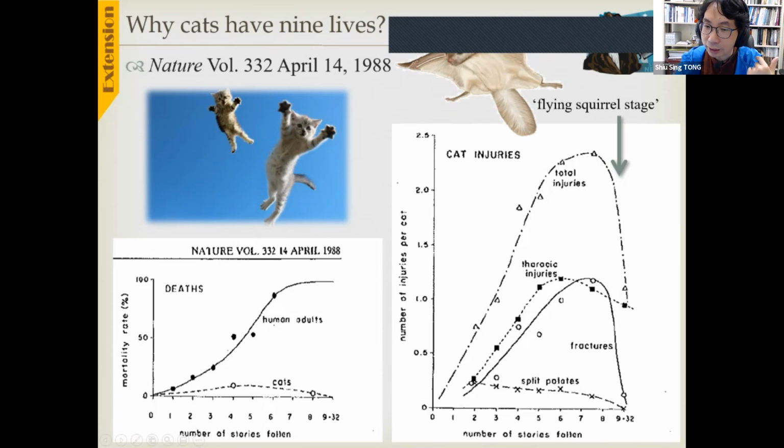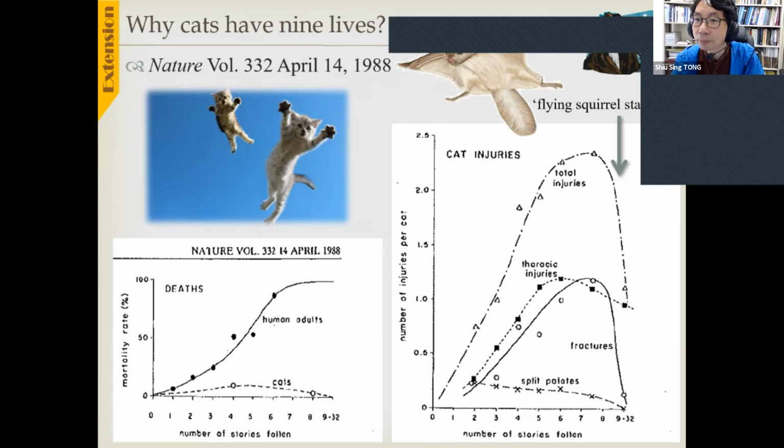The secret for this is that after falling about 6 or 7 stories, the cat will be almost at terminal velocity. The terminal velocity of a cat is actually much smaller than that of a human because a cat has a smaller mass. So after falling 6 or 7 stories, it reaches terminal speed, and the net force acting on its body is almost 0.